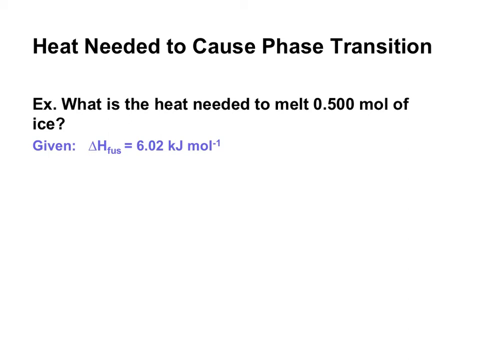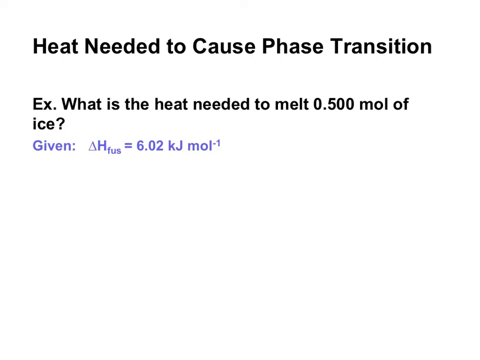All right, so here is a calculation for the horizontal part of the heating curve, and the calculation here is: what is the heat needed to melt 0.5 moles of ice.